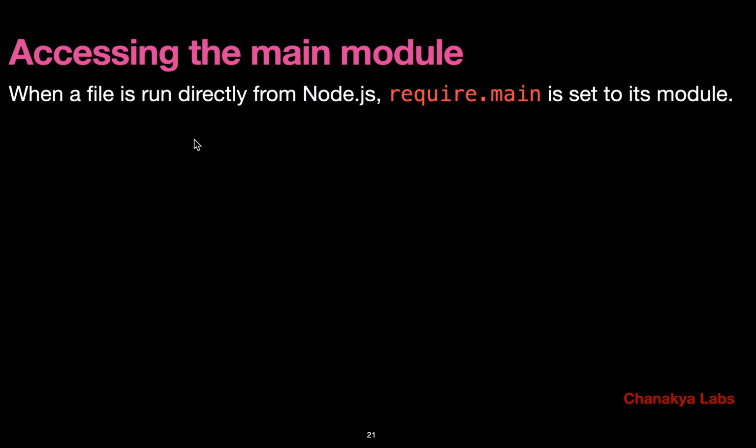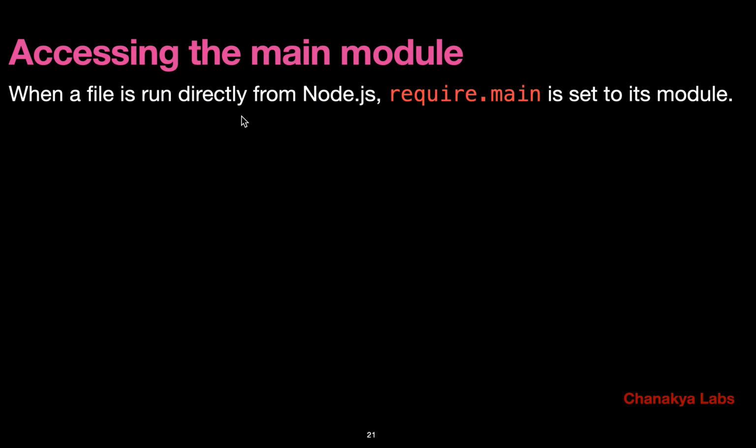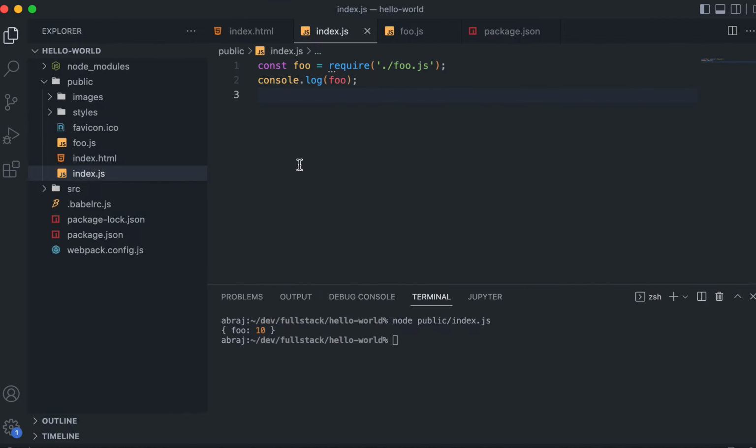So fair enough. Now the point is, how can we know what is the actual file which is running? When a file is run directly from Node.js, there has to be a way to know which is the actual file running.